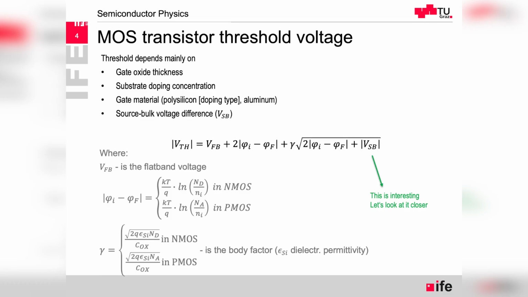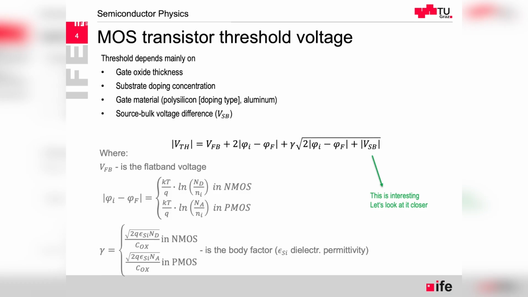So doping actually will have some importance. And also what we can expect to have importance is the flat band voltage. This is related to the materials that the transistor is built of. And without applying any voltage, at zero bias, we already have some bending of the diagrams because of this flat band voltage.